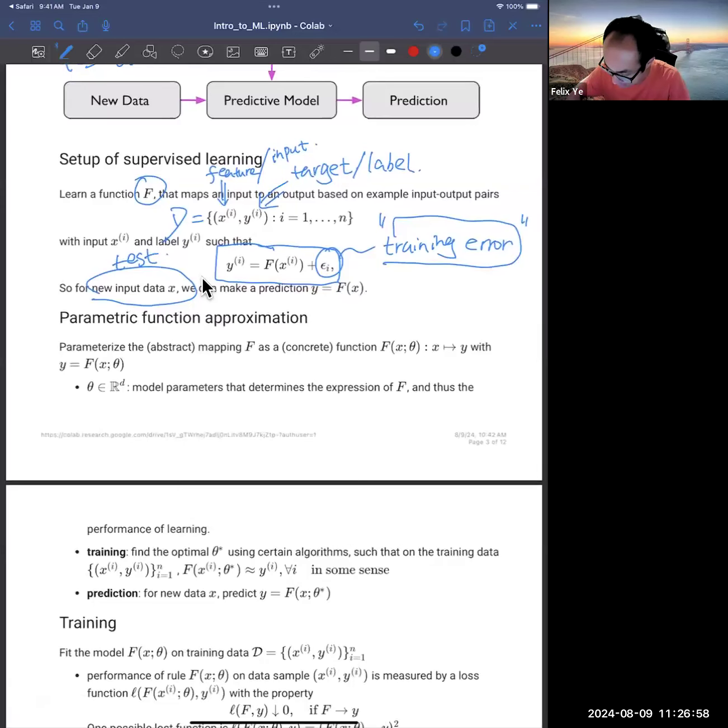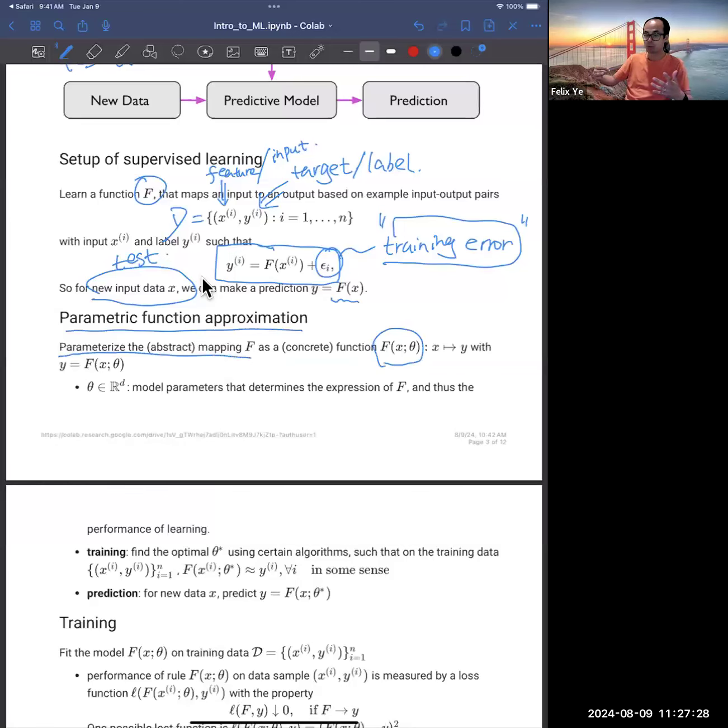Of course, this f in general is very complicated. So what we can do is parameterize these functions. We can do parametric function approximation. We parameterize these mappings into a family of functions, y = f(x; θ), where θ is the parameter.